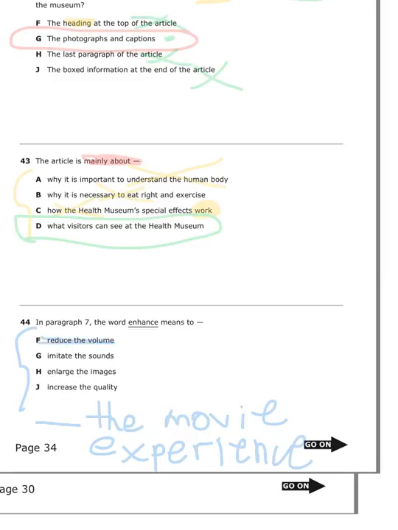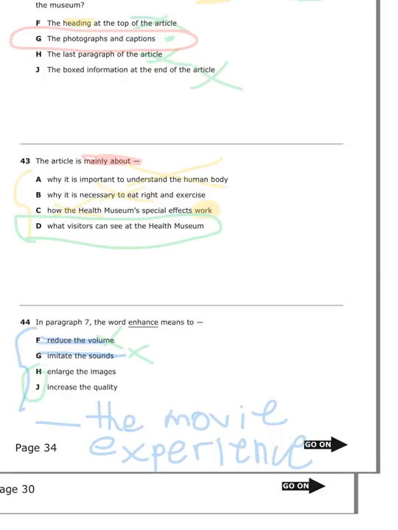No. Imitate the sounds, the movie experience. But it's water, wind, and vibrations. It's not sounds. No, it's not about sounds. So I found the two that are totally wrong. So we have to choose between those two. Enlarge the images with the water and the sound. The water and the wind and the vibrations.